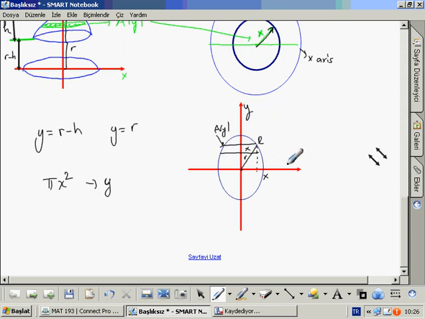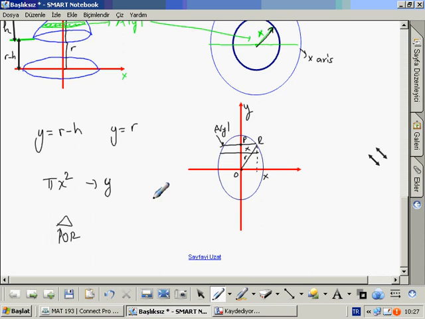In particular, look at the triangle POR. Because the point R lies on the sphere itself, we can see that the length of the hypotenuse of this triangle, the line OR, is R, which is the radius of the sphere, and the line PR has a length of x, and the line OP has length y.